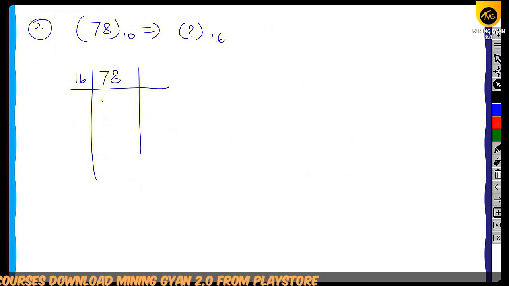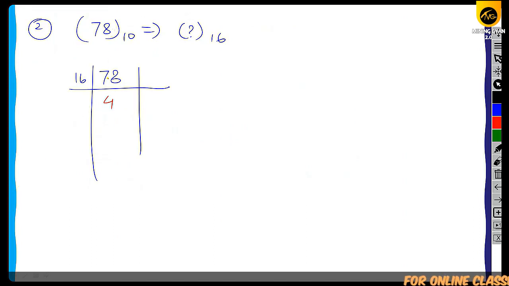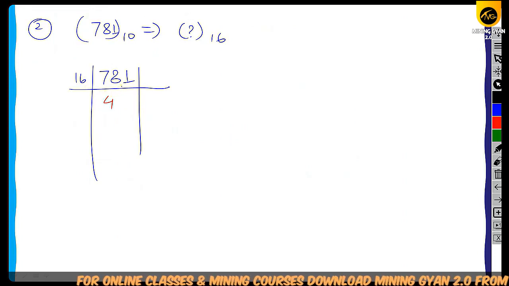16 times 4 is 64. We can use 3 digits, so it becomes a tougher example. Suppose this is 781. Now 16 times 4 is 64, and the remainder will be 14.